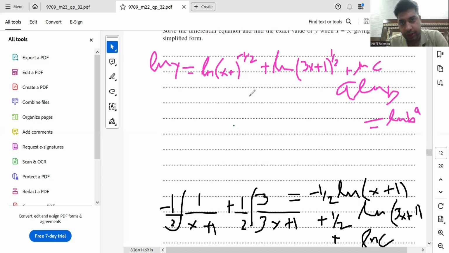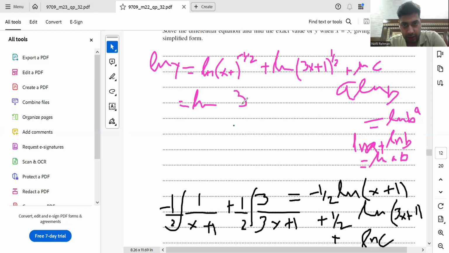Also, we know that ln a plus ln b equals ln of a times b. So this could further be transformed into ln, and since it's x to the power minus 1 over 2, this should go in the denominator.